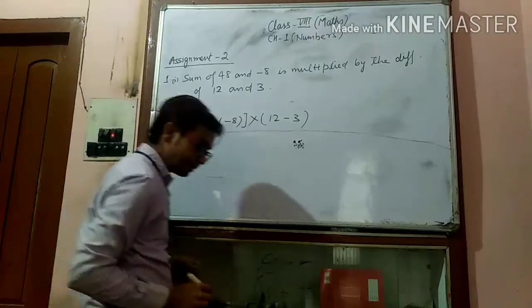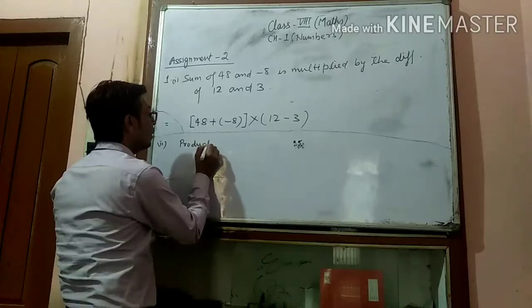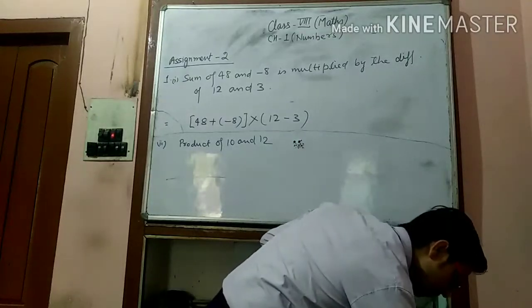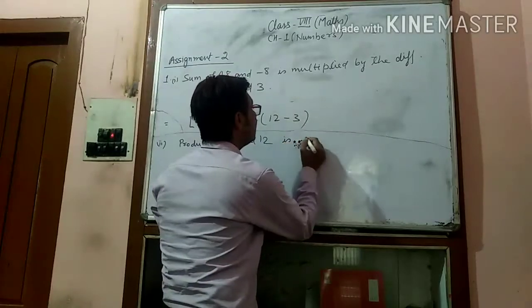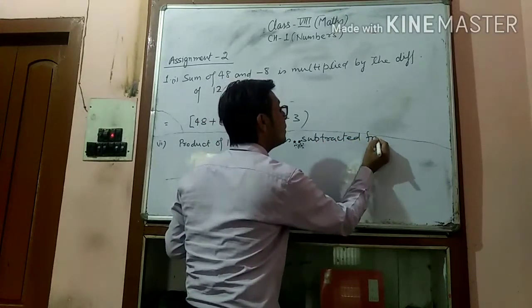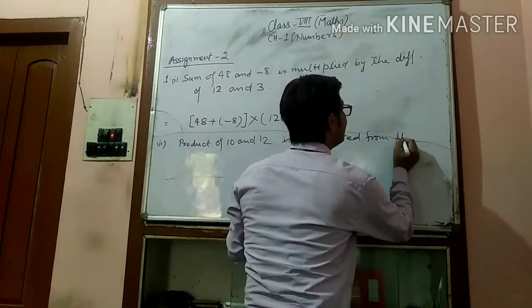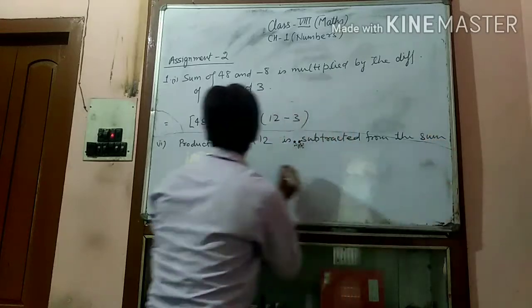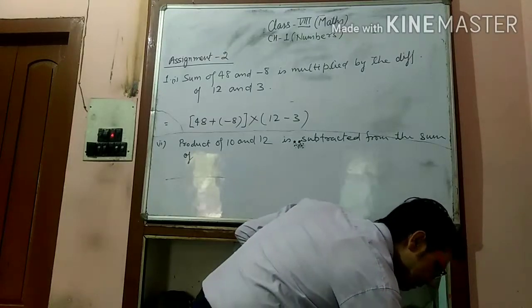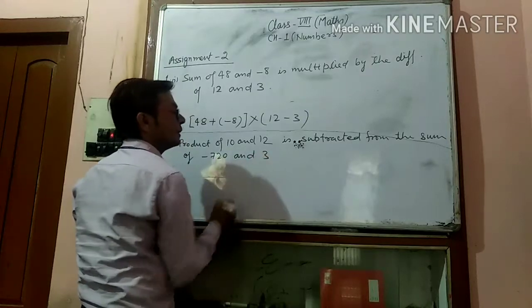Second question is: the product of 10 and 12 is subtracted from the sum of minus 720 and 3.